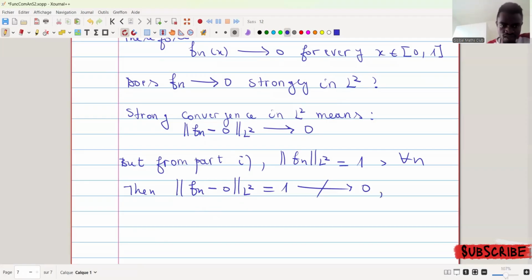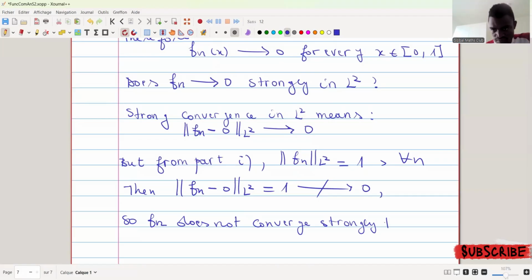So Fn does not converge strongly to 0 in L2. That is the conclusion related to this.